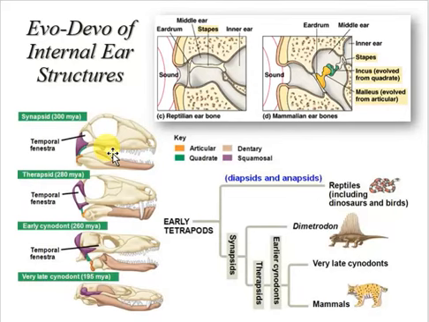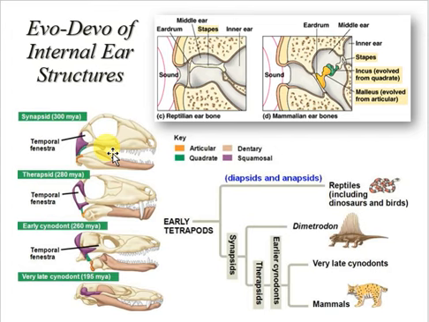Now, one group of reptiles, known as the synapsids, which existed about 300 million years ago, went on to evolve into mammals. Now, there were a multitude of changes involved in this process.